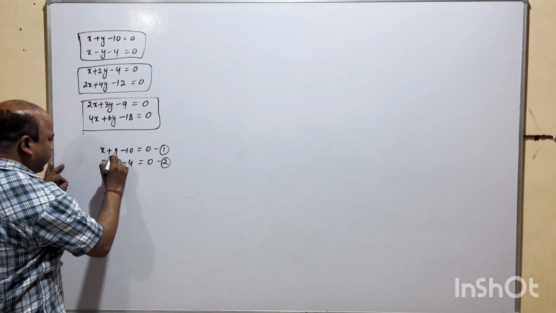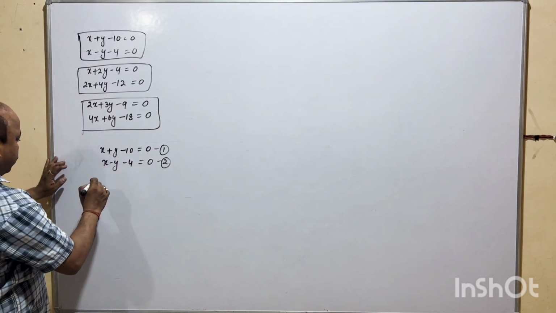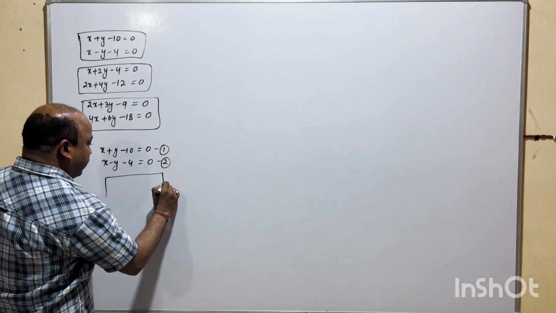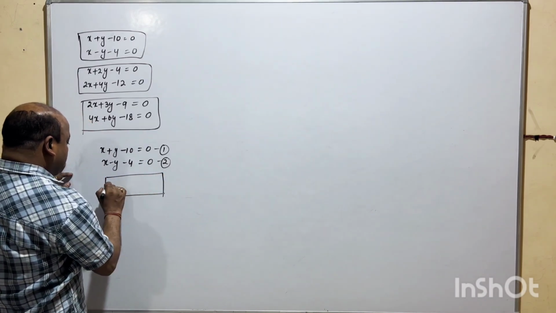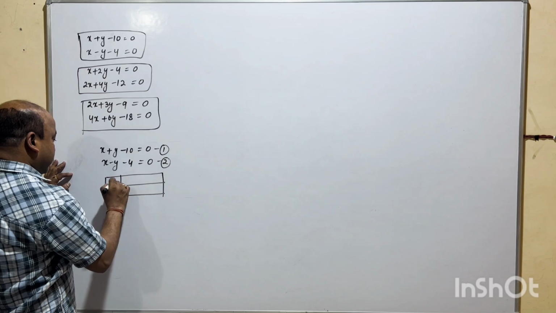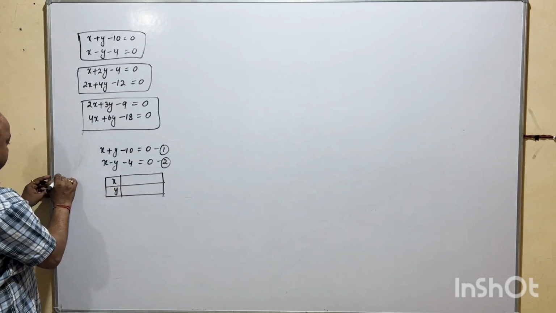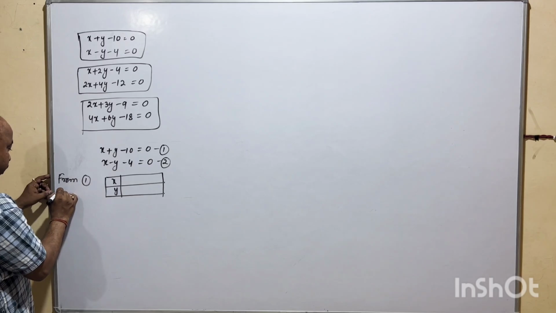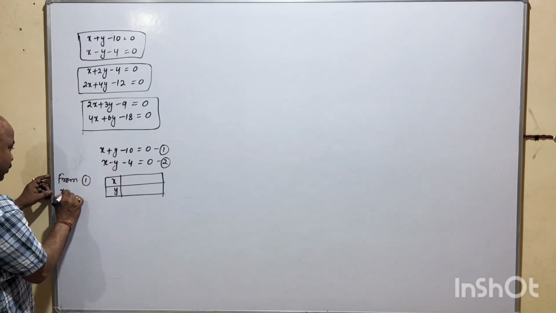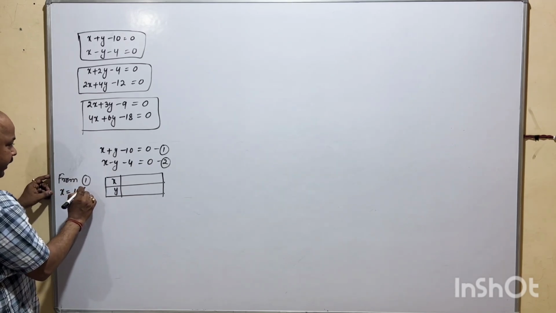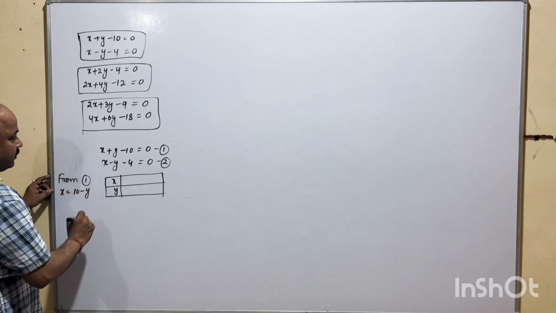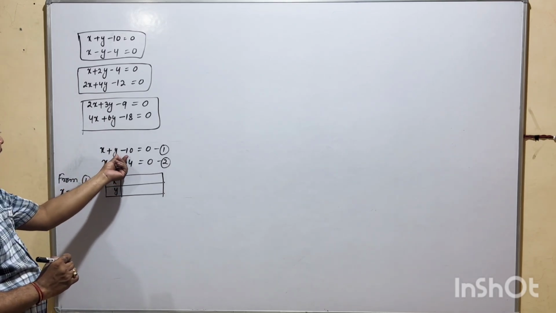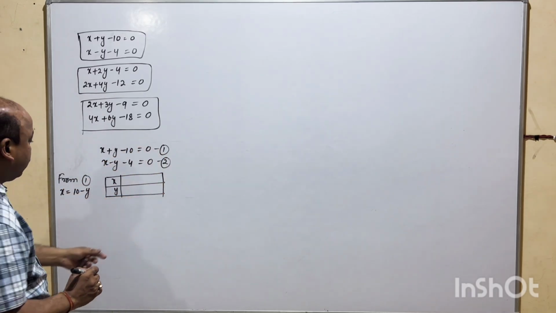What we will do here, we make a table to find the values of x and y. From equation 1, x equals 10 minus y, taking 10 and y to the RHS of the equation.